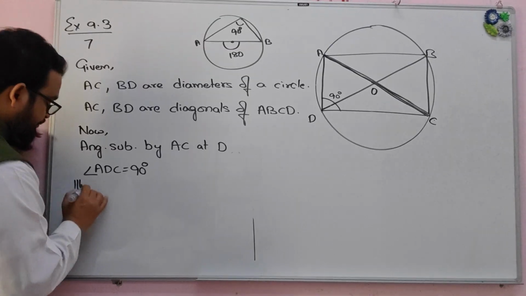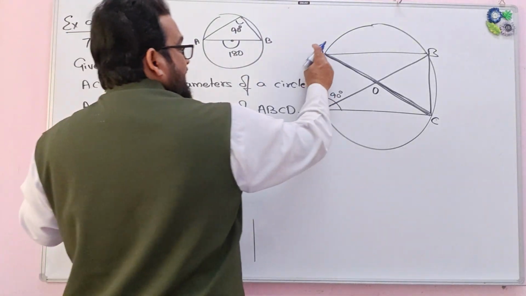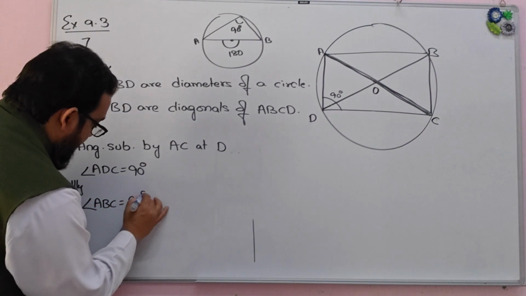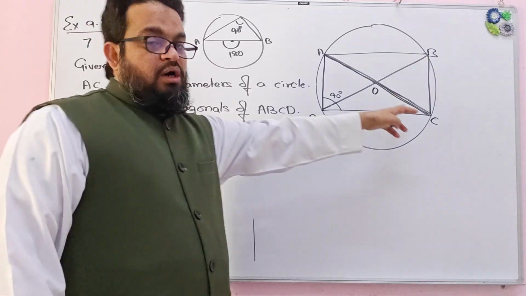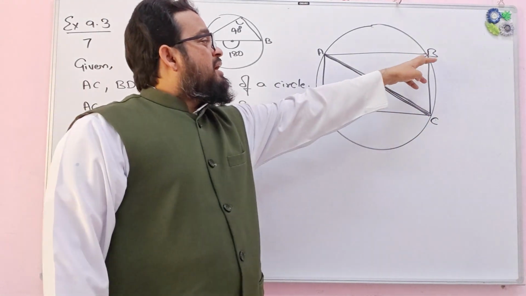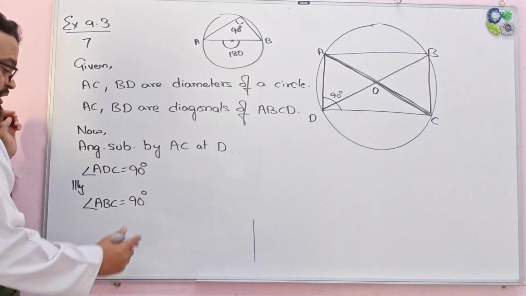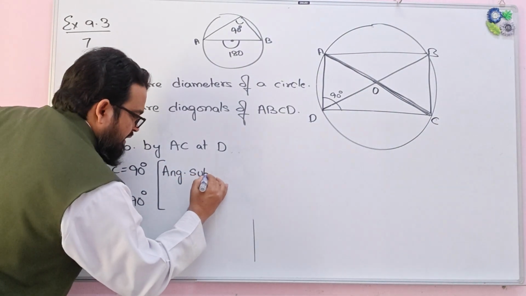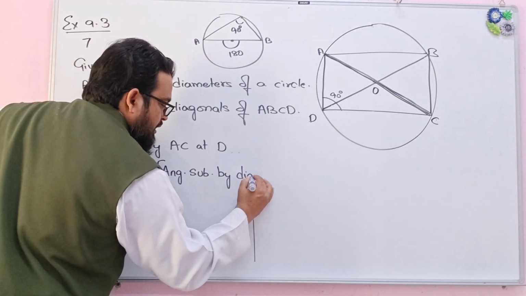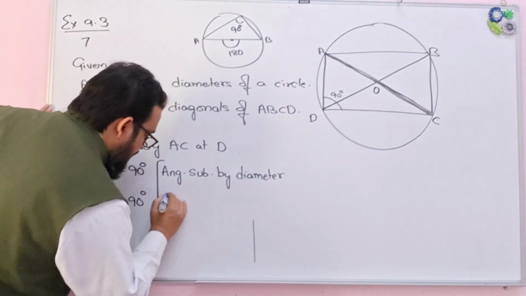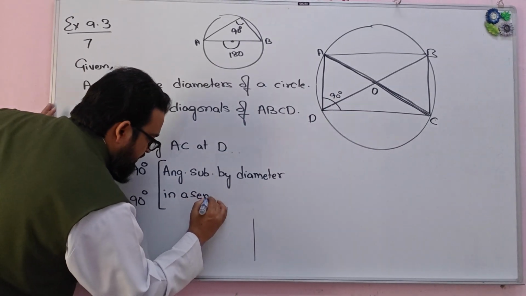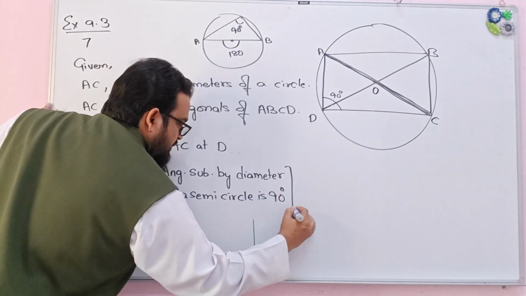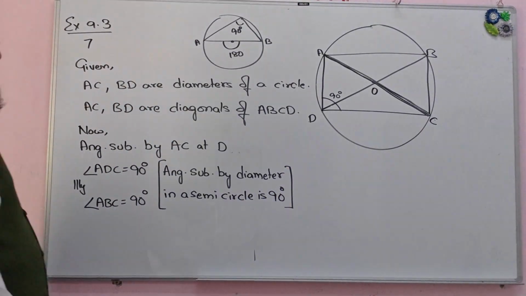Similarly, what is angle ABC? Angle ABC is also 90 degrees, because AC is a diameter and the angle subtended in the semicircle is 90 degrees. So what is the reason you write? Angle subtended by a diameter in a semicircle is 90 degrees.